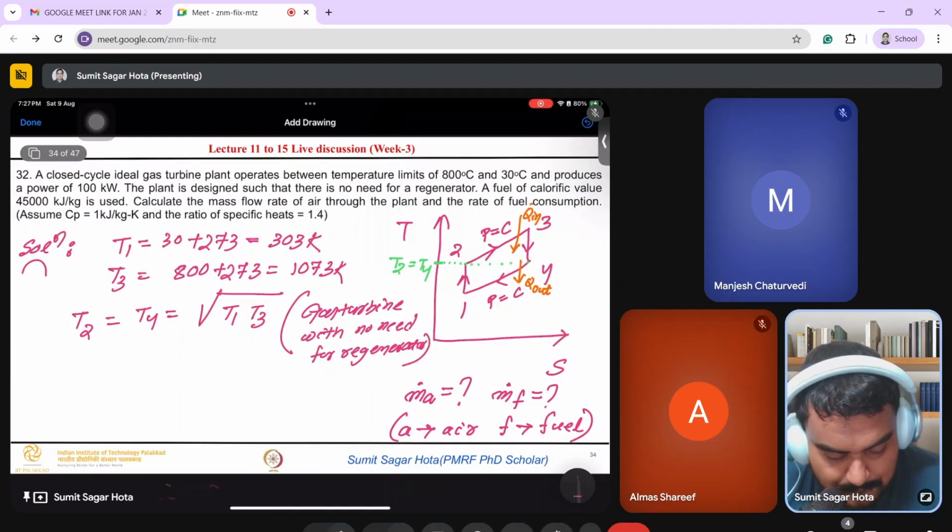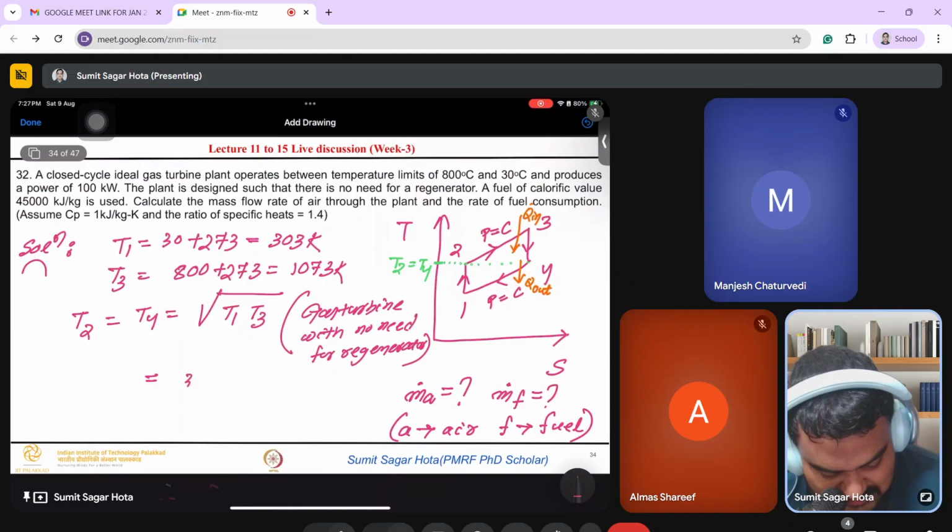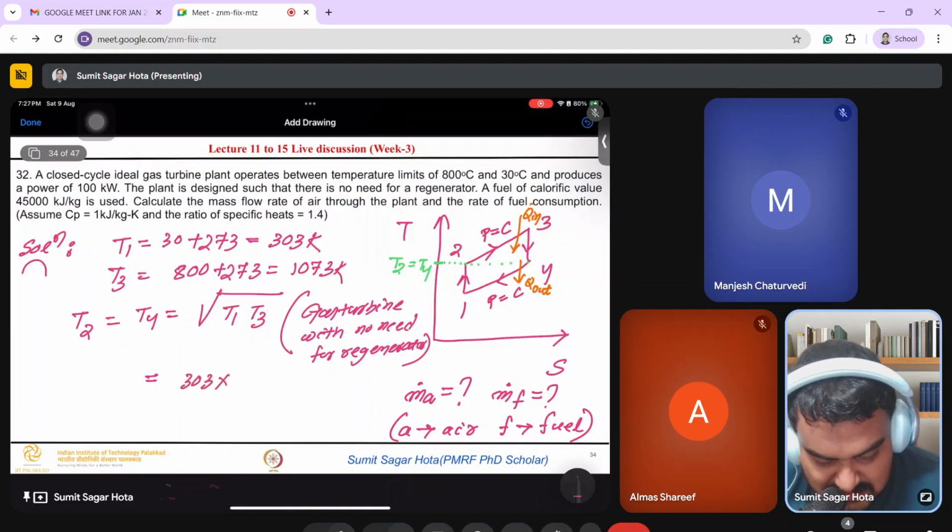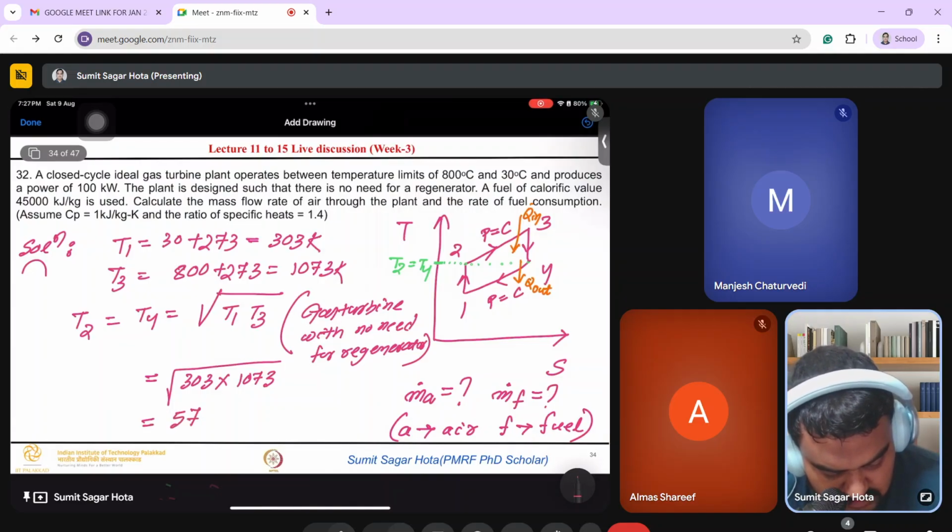So with 303 and 1073, this gives 570.19 Kelvin.